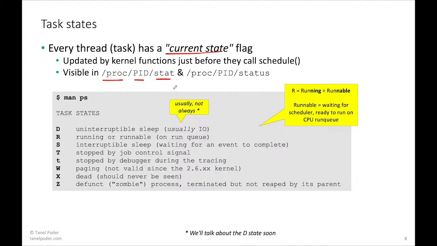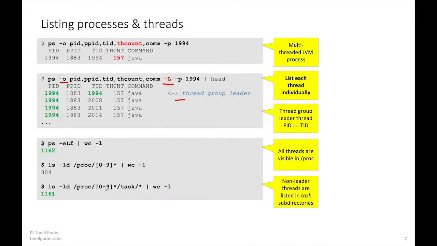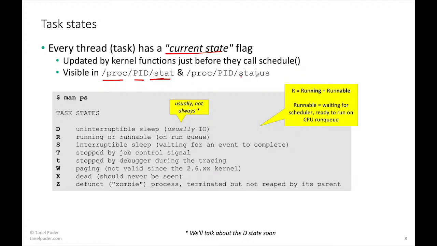And if I go back to the previous slide, if you have a multi-threaded process, you have the process ID, a task subdirectory, and every single thread under your process is listed there as a pseudo directory, right? On that you have the stat and status files, and this is where tools like ps and top get their info. They get it from here, and that tool also reads it from here.